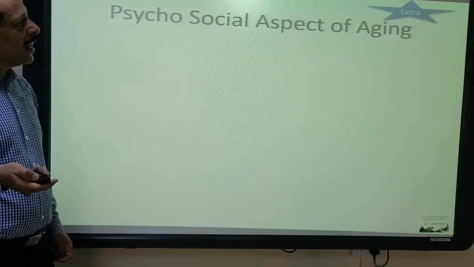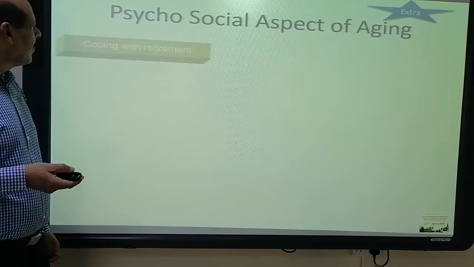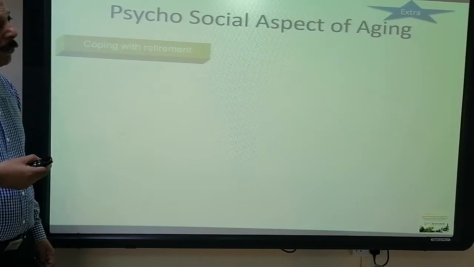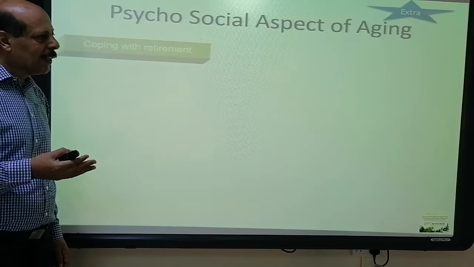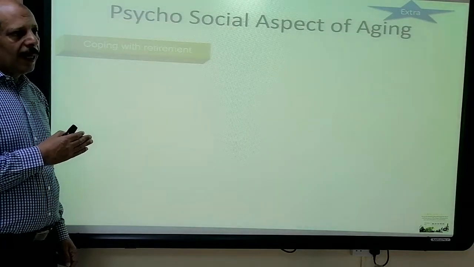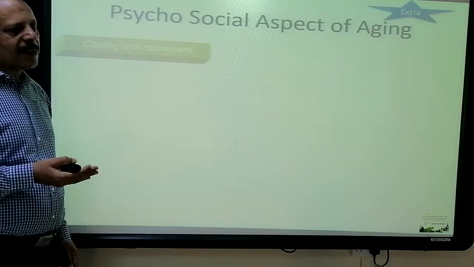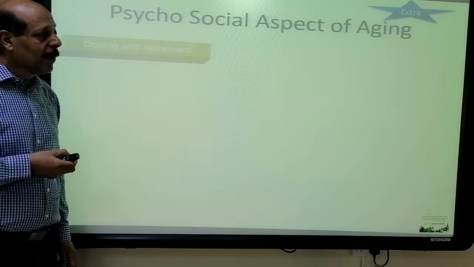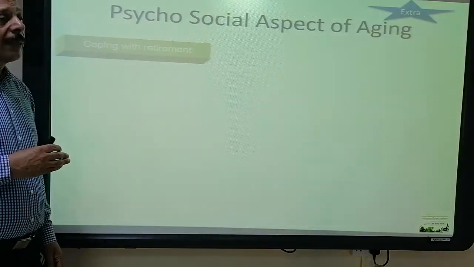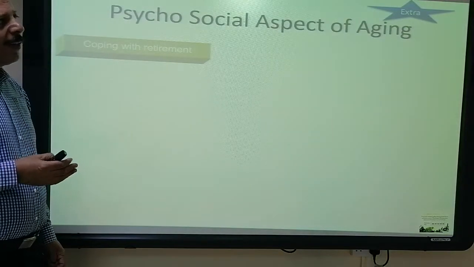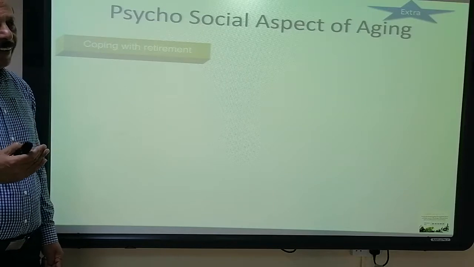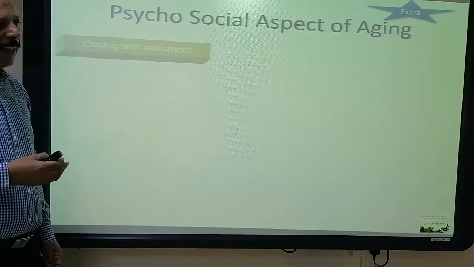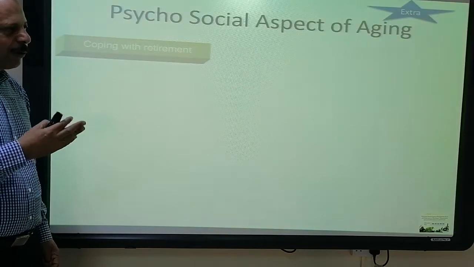The psychosocial aspect of aging: coping with retirement. In most countries, retirement age is 60. In some countries, they are raising it to 65. In some countries, there is also early retirement, which might be around 50 years old or less.